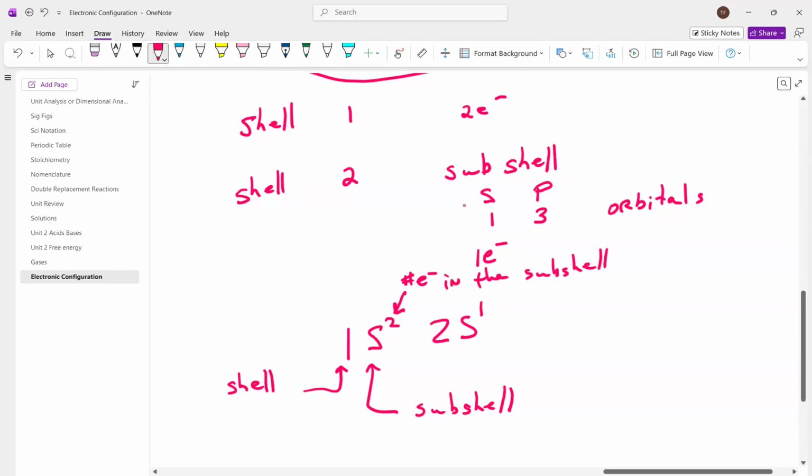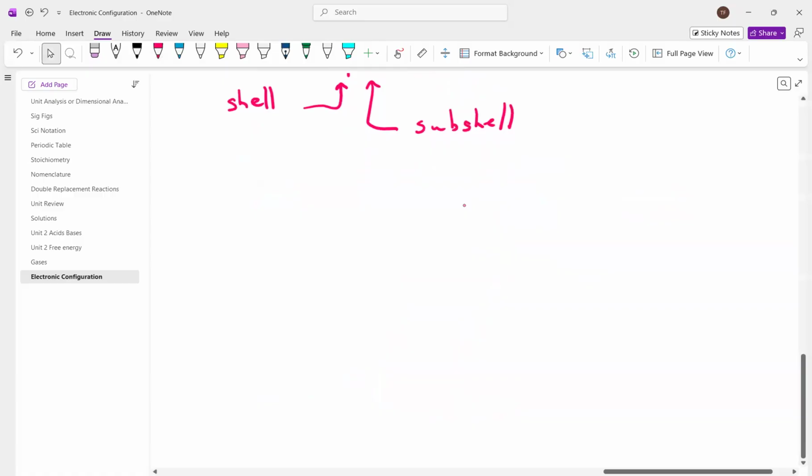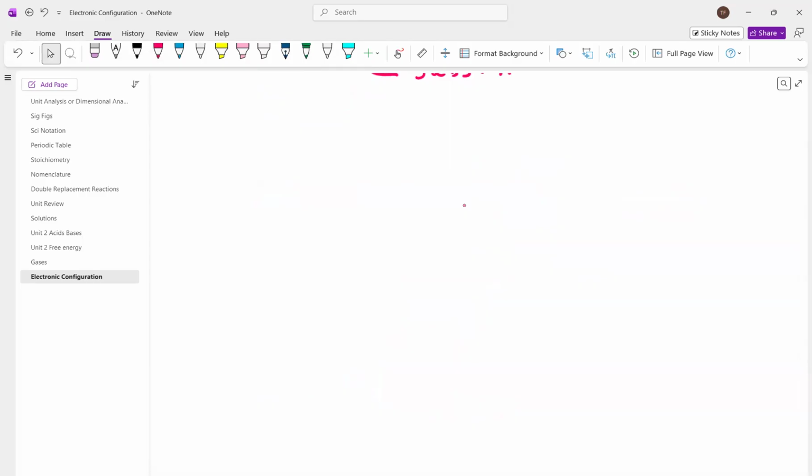Okay, so let's do another one. I don't know, let's do oxygen. Okay, how many total electrons are in oxygen? How many? 8. So we're going to account for all 8 electrons. Okay, so we always start with the most stable shell, which is 1.